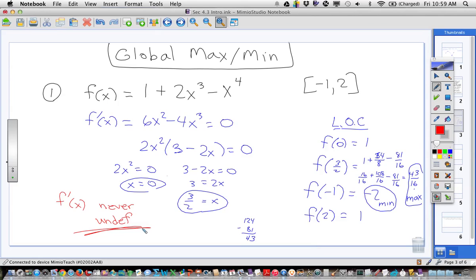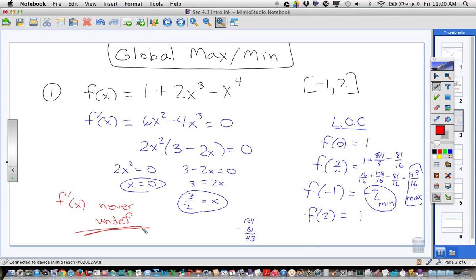Now that gets a little tricky without a calculator, but that's what I got when I plugged in 3 halves. 3 halves cubed, 3 cubed is 27, times 2 would be 54, 2 cubed is 8, so there's the 54 over 8 you can see right here. 3 halves to the 4th, 3 to the 4th is 81, 2 to the 4th is 16. You got to be able to do this.